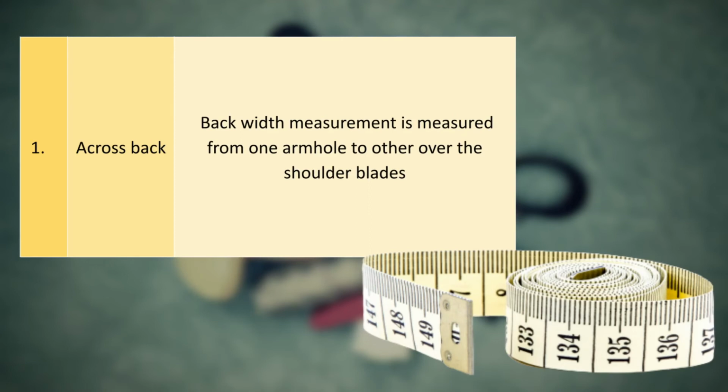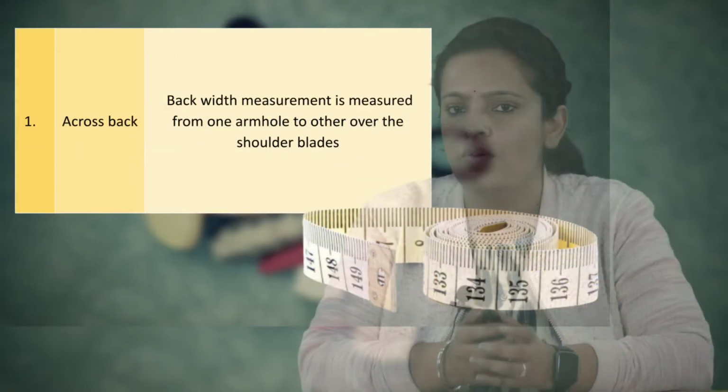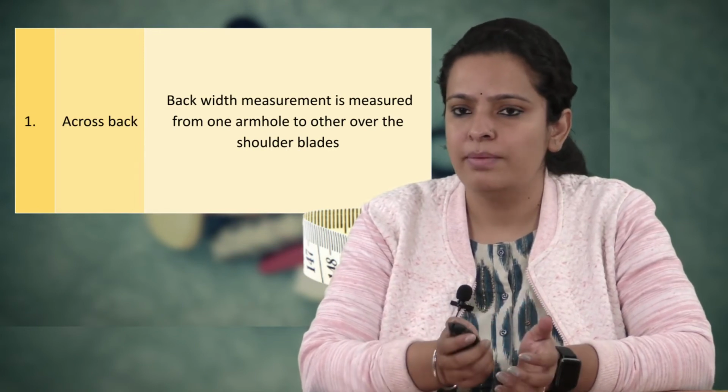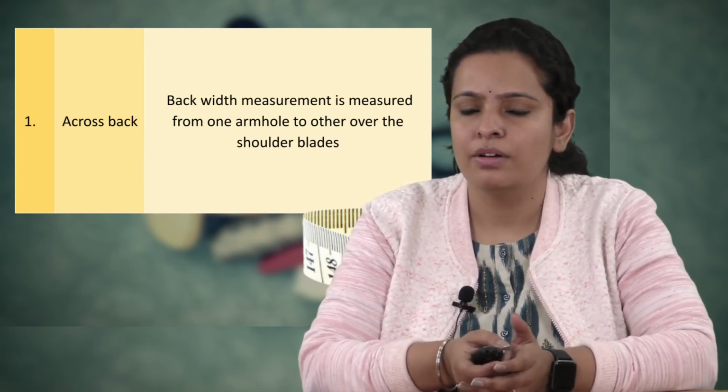For the across back, the back width is measured from one armhole to the other over the shoulder blades, on the back portion of the body.